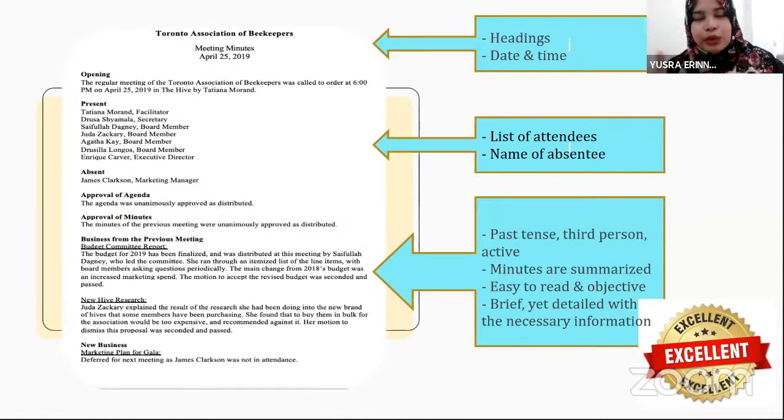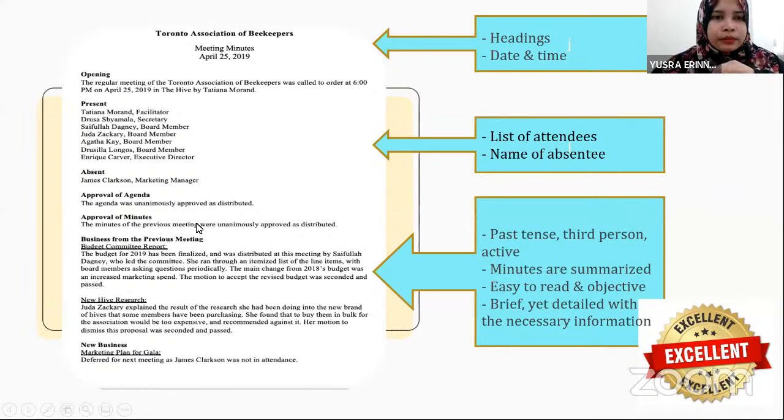After this, we are going to see some bad examples so that you can really see the compare and contrast. The last point, it must be easy to read, objective, and brief yet detailed with the necessary information.